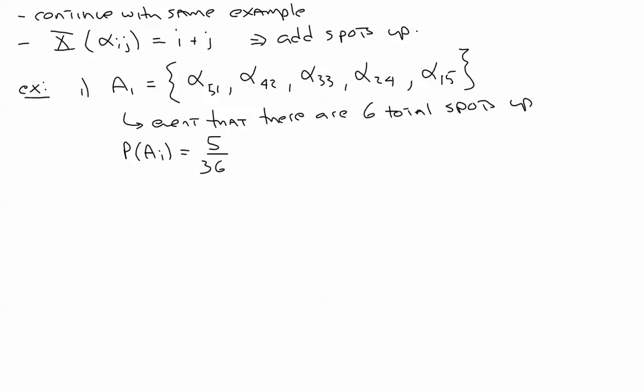Let's look at another event. Event A2 equals alpha 1, 2, alpha 2, 1, alpha 5, 6, and alpha 6, 5.